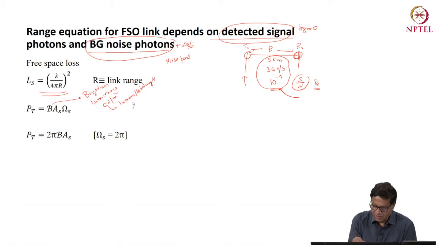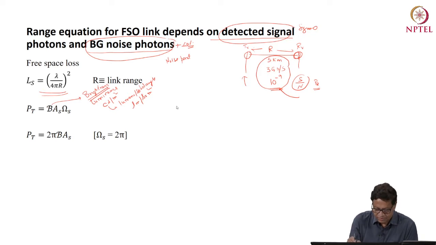So the units are lumen per steradian into area. So B is brightness, which is luminance, into the area, into the solid angle. So PT = B AS omega S is the transmit power.